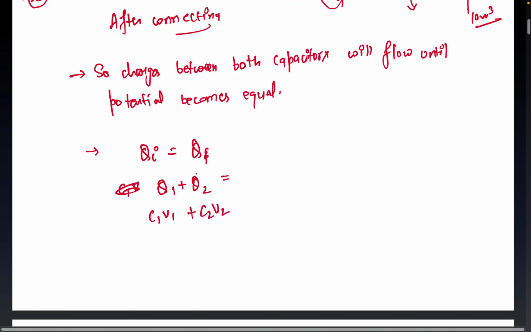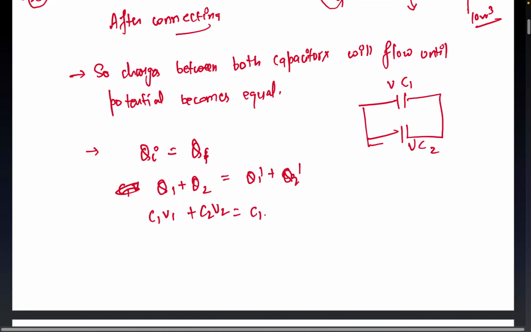Finally, what is the final charge? It should be Q1 dash plus Q2 dash. What is the final potential? I told you the potential of both is the same in this case, V. But you know that capacitance is an internal property, it won't change.